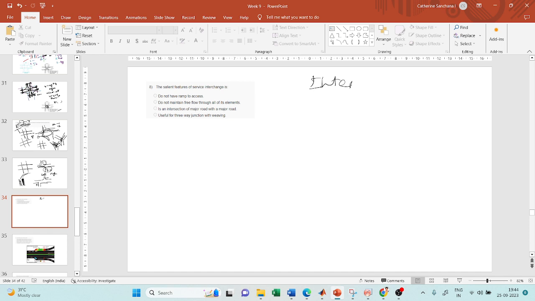So there are two types. It can be classified into many categories, just as we saw intersections can be classified in different ways based on level of control, and based on shapes. Similarly, based on this criterion, interchanges can be classified as service interchange or system interchange. So what is a service or system interchange?